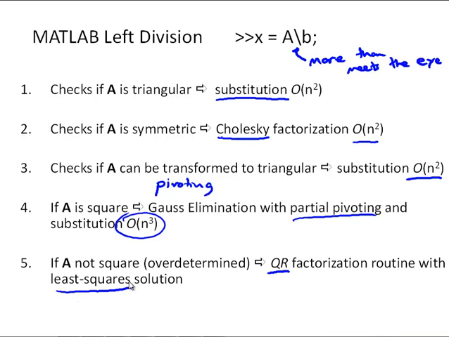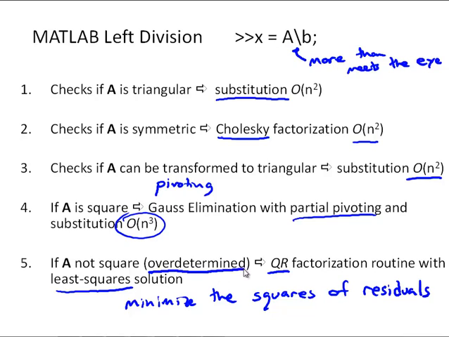We're not going to get into the details of how that works, but that least squares solution is going to minimize the squares of the residuals. Remember, there's no perfect solution if the matrix system is overdetermined, but we can find a best fit solution, something that minimizes the total residuals in our result.